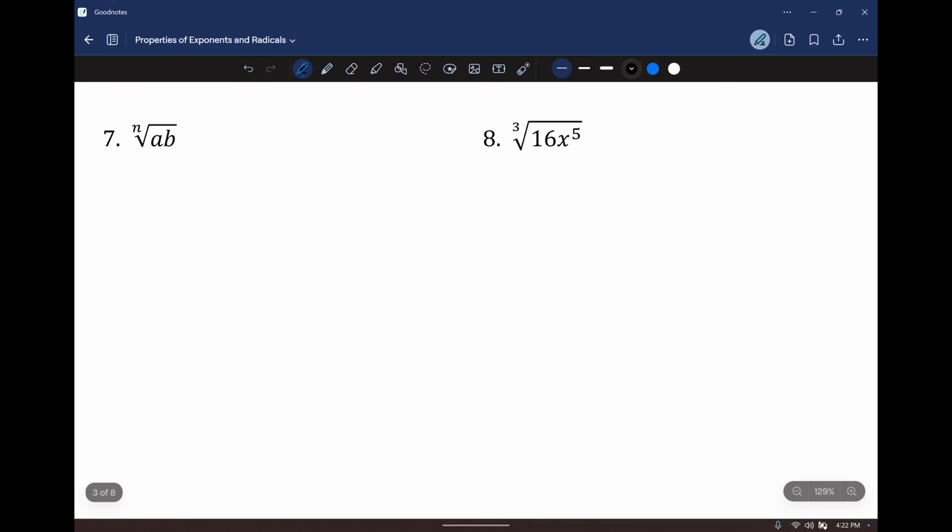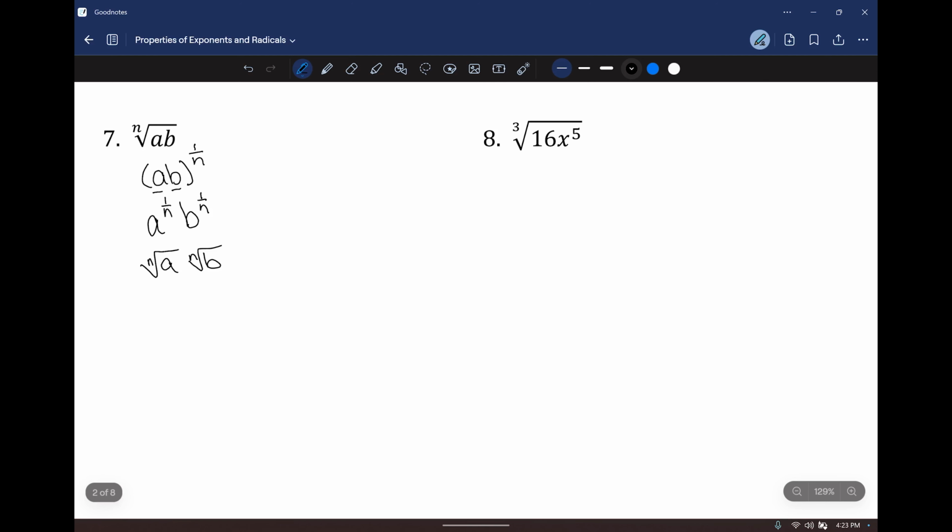So I could think of this as ab to the 1 over n. All right. And then I could think, well, I have a product, so I can raise both of those to that power. So this is a to the 1 over n and b to the 1 over n. And then I can say to myself, well, if I have an n on bottom, that's an nth root. So this is the nth root of a times the nth root of b.